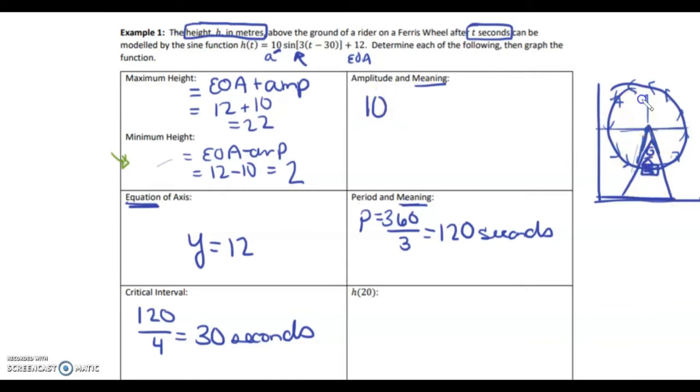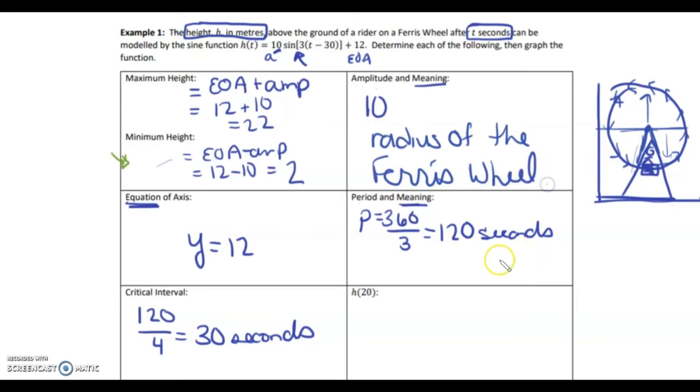The amplitude would go 10 up and 10 down. So in other words, this is the radius of the Ferris wheel. Now, when we're talking about a period, it's how long it takes for the rider to go around the Ferris wheel one time.